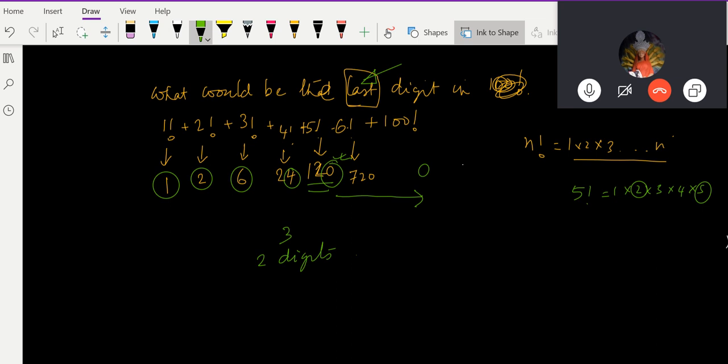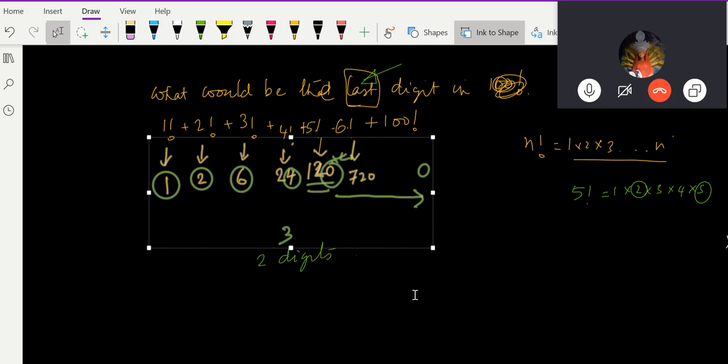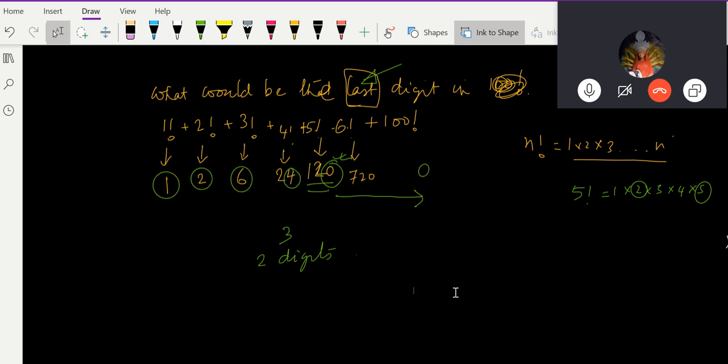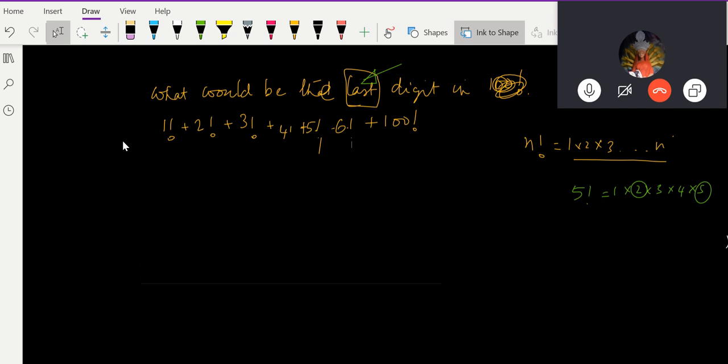How will we do it? Same logic, right? In this case, if we had 100 factorial as the last term, there would be lots of zeros, so summing it up, the last two digits.